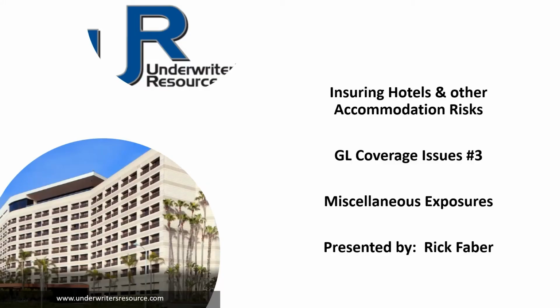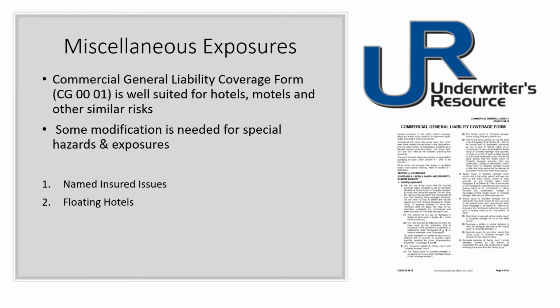Welcome back to this video talking about insuring hotels and other types of accommodation risks. This is the third part of the series discussing CGL coverage issues. Overall, the Commercial General Liability Coverage Form CG0001 is well suited for hotels, motels, and similar risks.